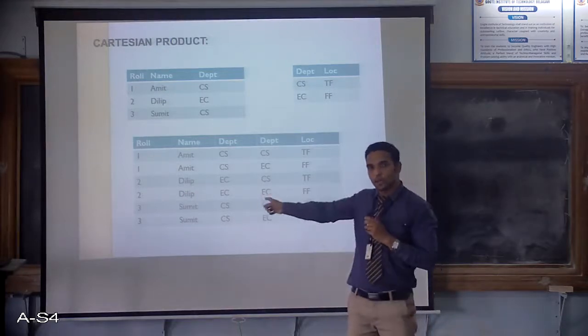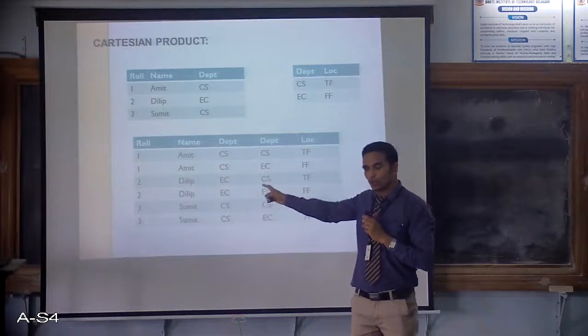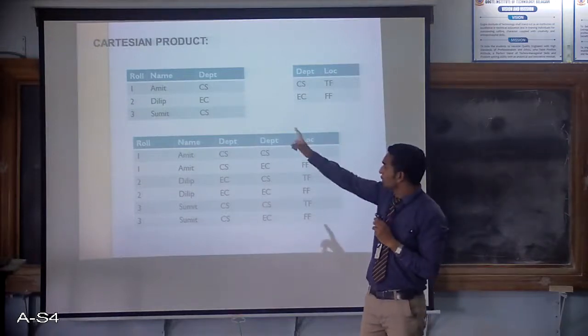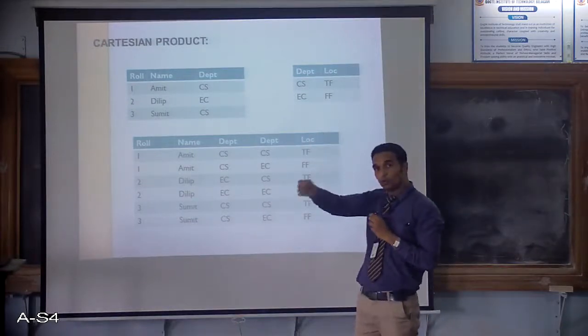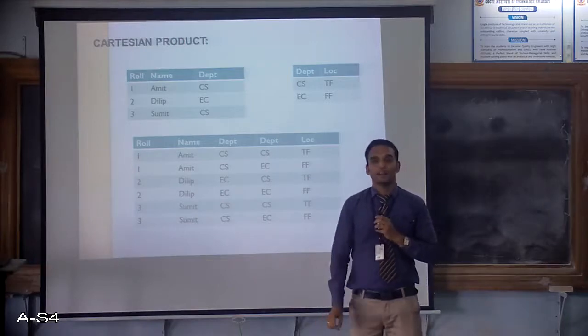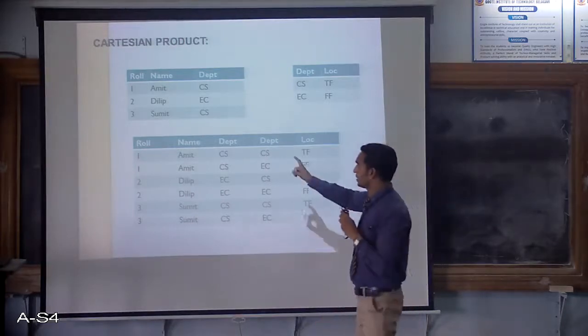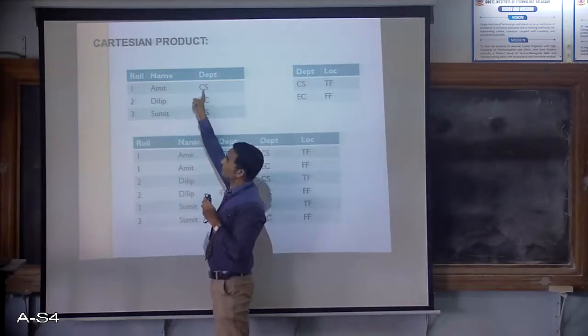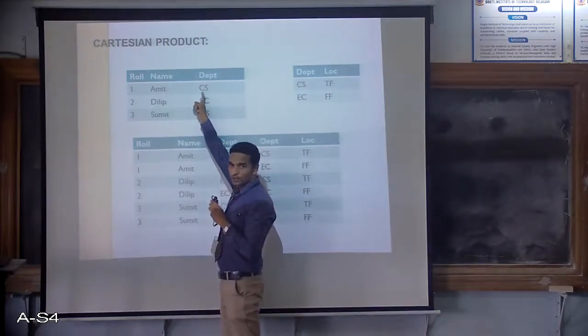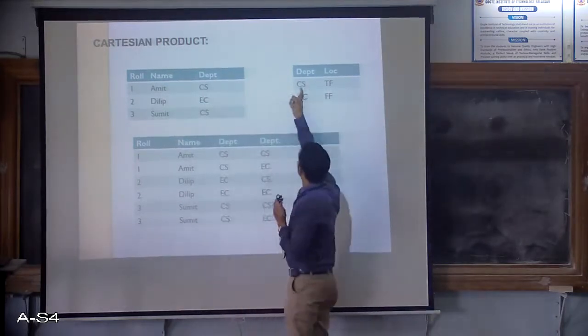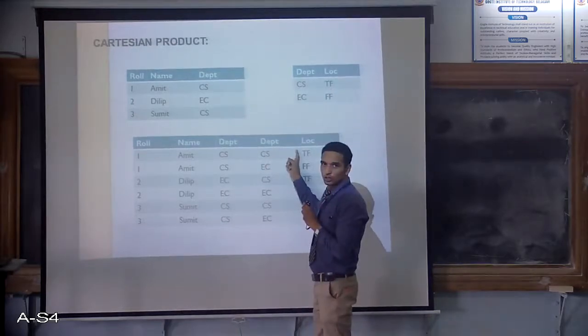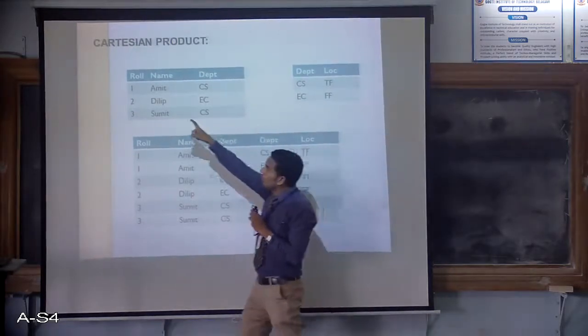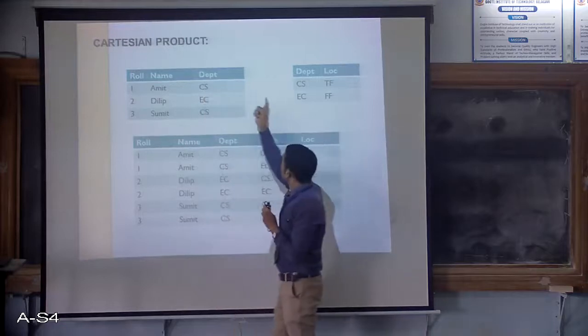So my Cartesian product will have how many columns? 5 columns. 3 from A, 2 from B. And how does the product work? As similar as matrix multiplication. Look at this. 1 Amit CS, when I say product, is mapped with CS third floor. CS third floor. Again the same. 1 Amit CS is mapped with the second entry now.